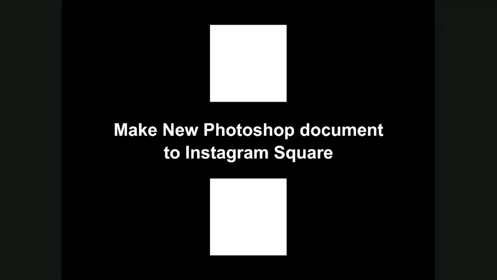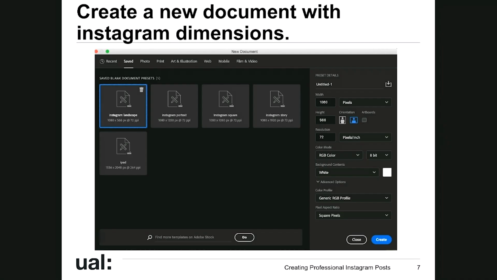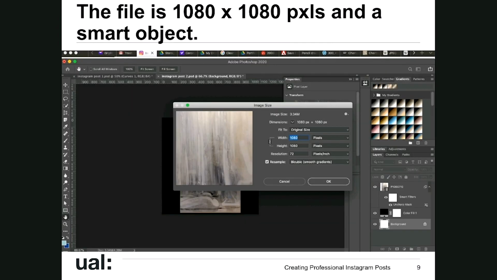So making new Photoshop documents, and I'm going to recap it a little bit because it's easier. To make up your Photoshop document, you first of all make up your Instagram file, 1080 by 1080 for my Instagram square. So that's what we did first.